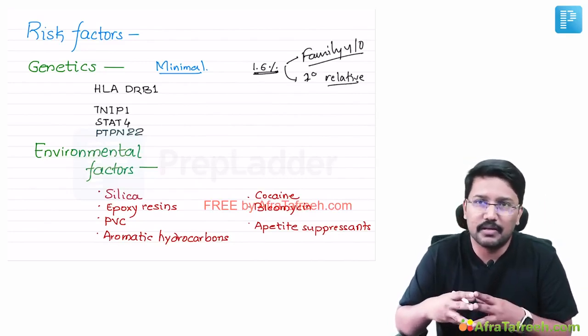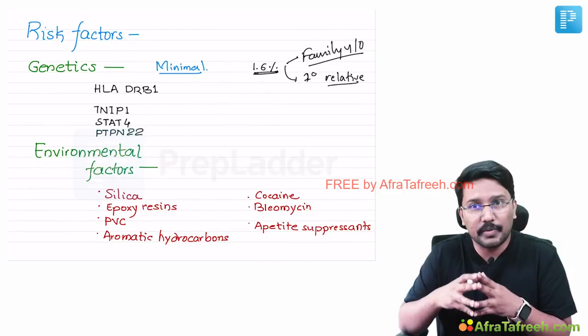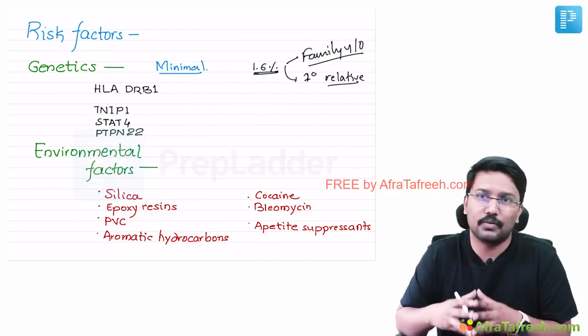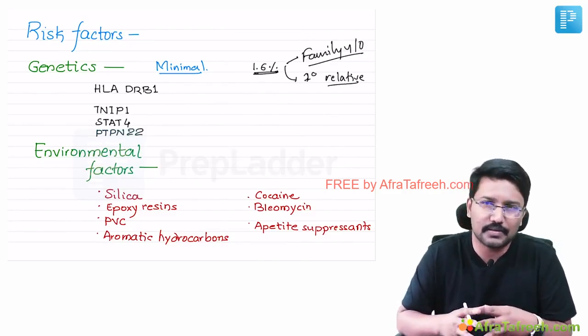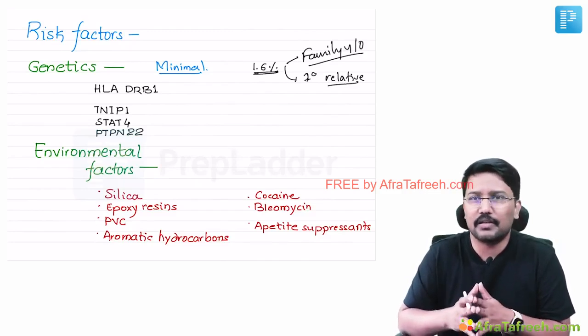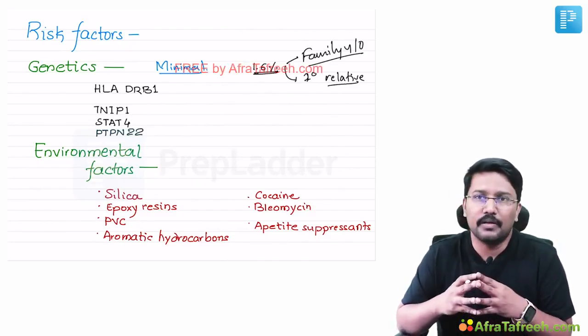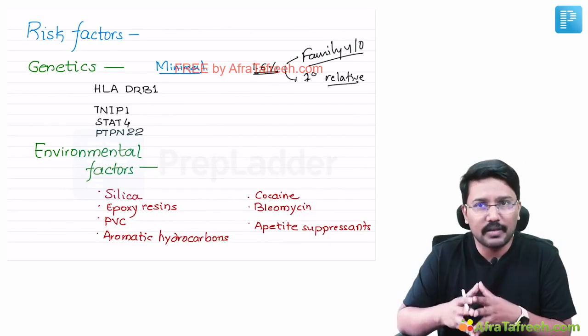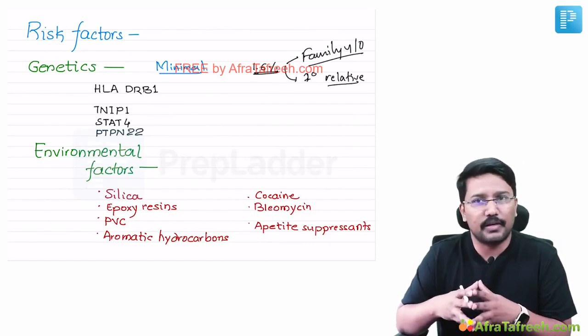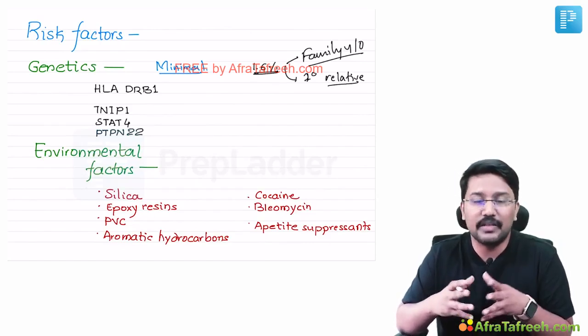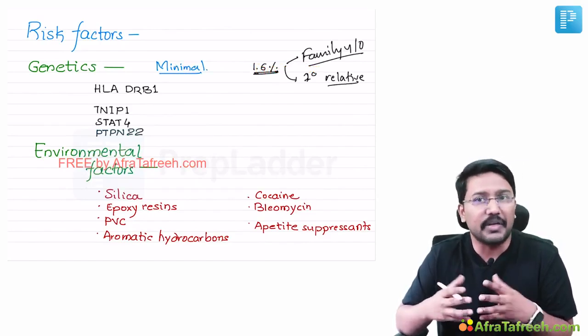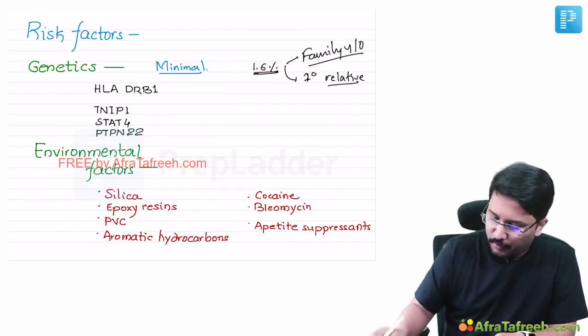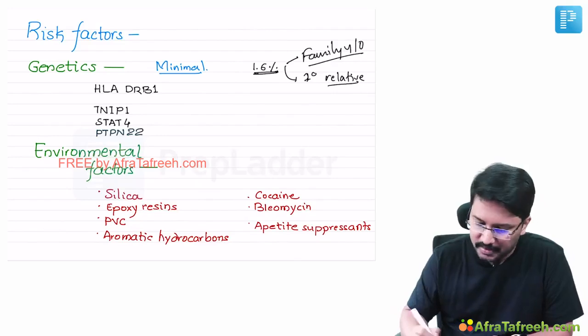Right? What does that mean? That means environmental factors probably play a more important role in the pathogenesis than the genetic factors. But nonetheless, genetic factors are also still important for us to know, because 1.6% might seem a small number, but if you take into account the overall prevalence of systemic sclerosis, this number starts making a lot more sense. Okay. Now, what points should we remember from the exam's perspective?